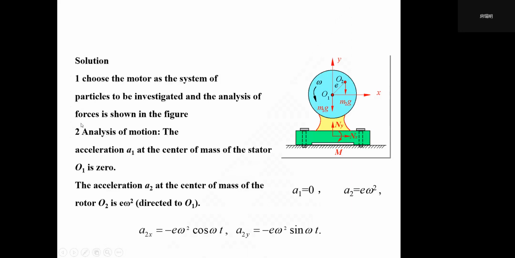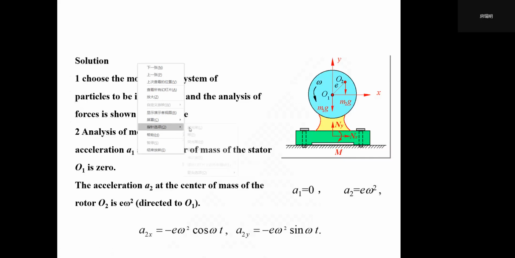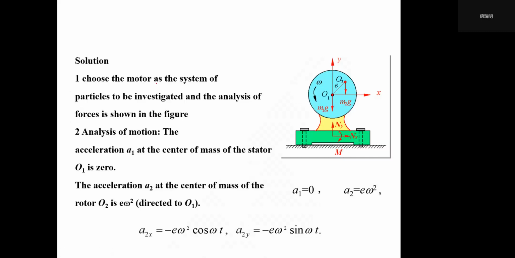Our solution has some steps. One is, we should choose the motor as the system of particles. This motor in China we call 电动机, right? Choose the motor as the system of particles to be investigated, and the analysis of forces is shown in the figure.